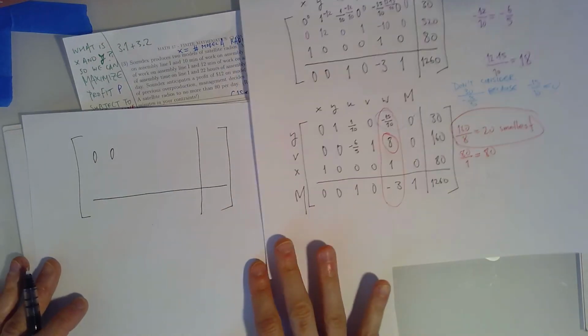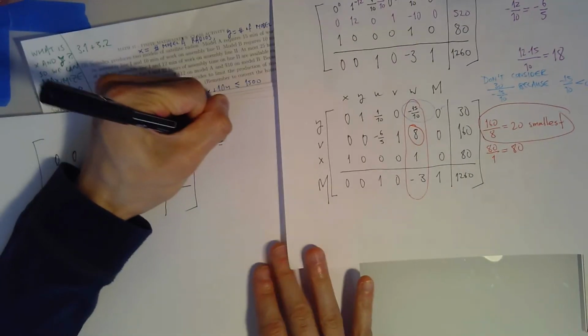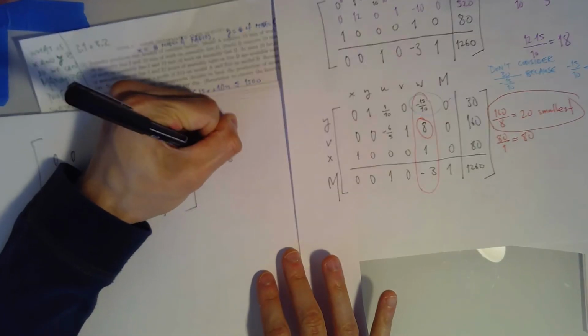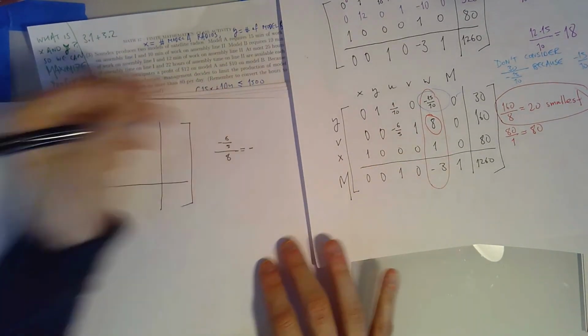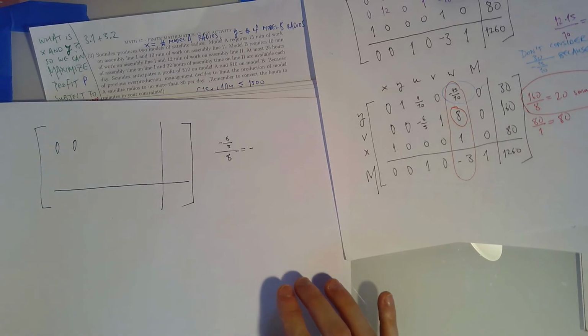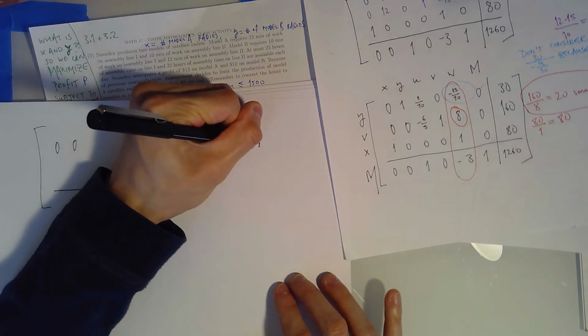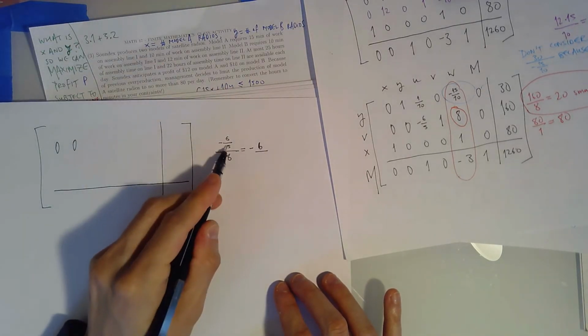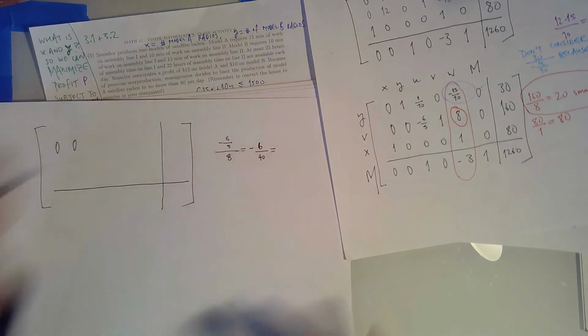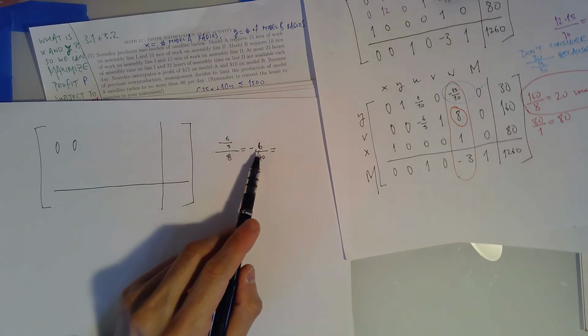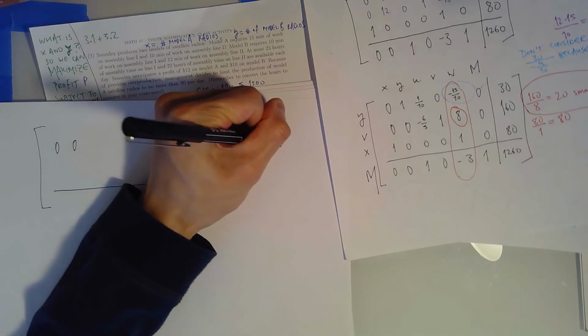If we do some fraction arithmetic here, this is just negative 6 divided by this, which moves down here, so 40 here. Now, if we take a 2 out from the top and the bottom, we'll be left with negative 3/20.